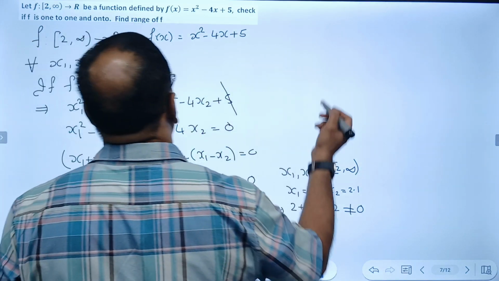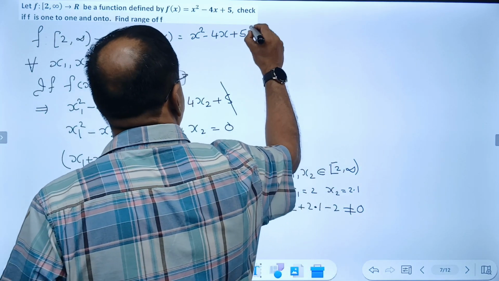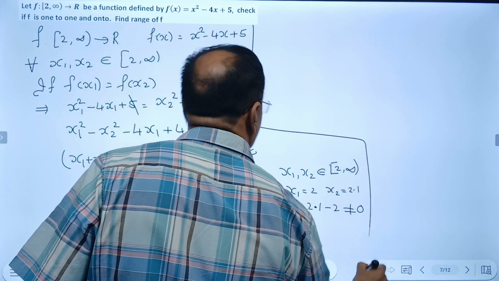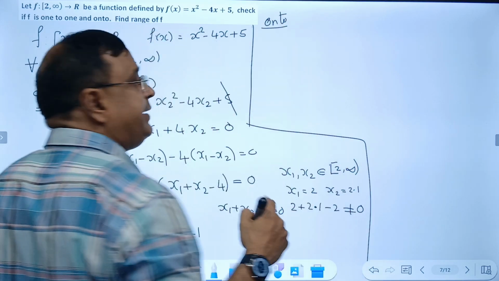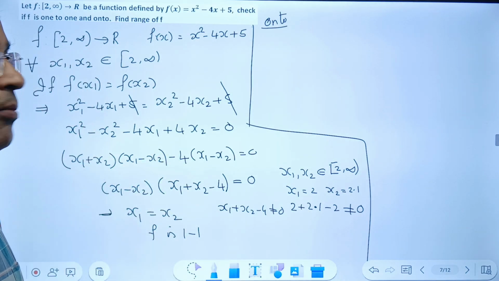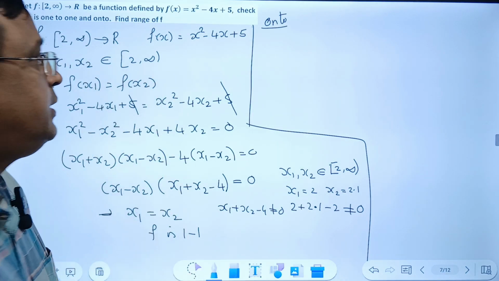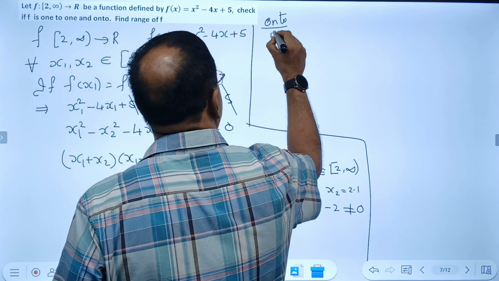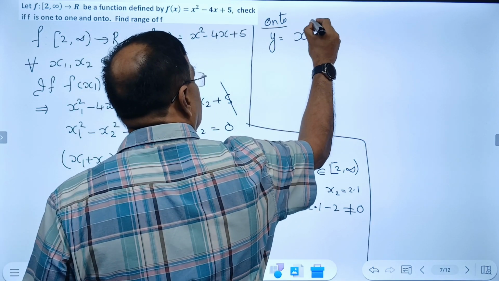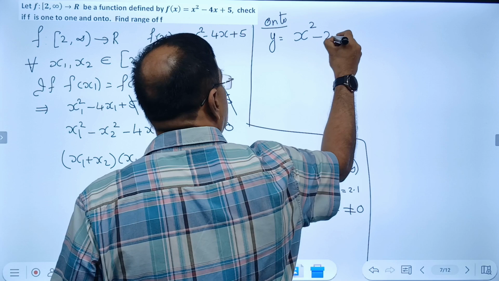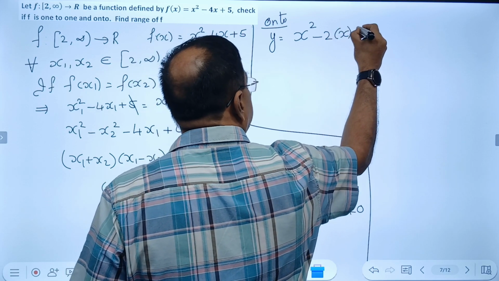Now how do I check it's onto? Okay, so onto. In the previous problem I did it by the quadratic formula. Here, just to show you the variety, I will do it by completing the square. Because this looks very nice, a square minus 2ab, right?